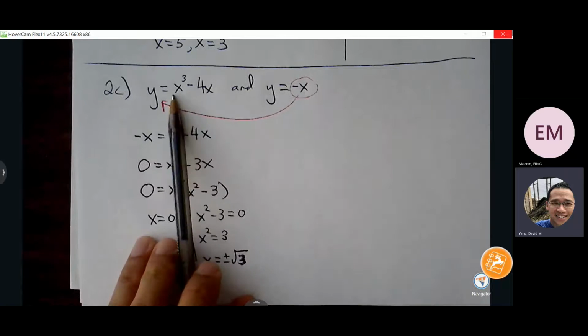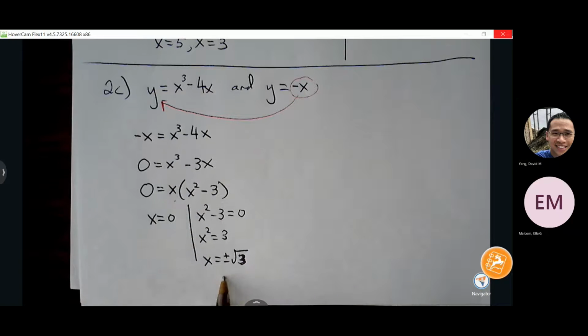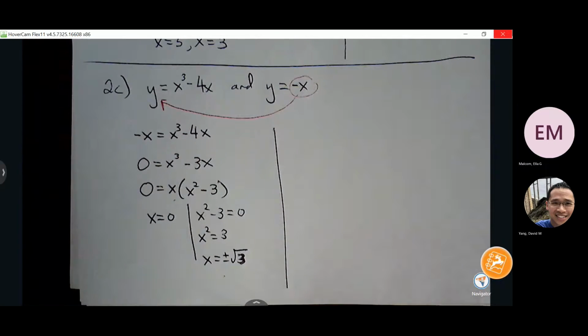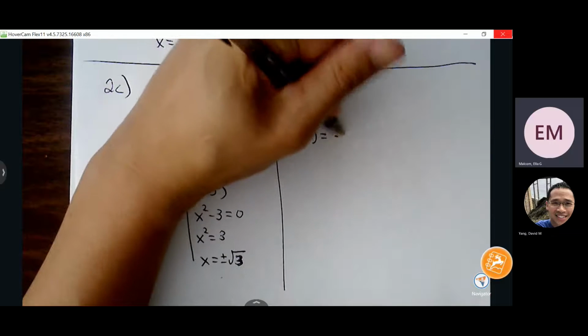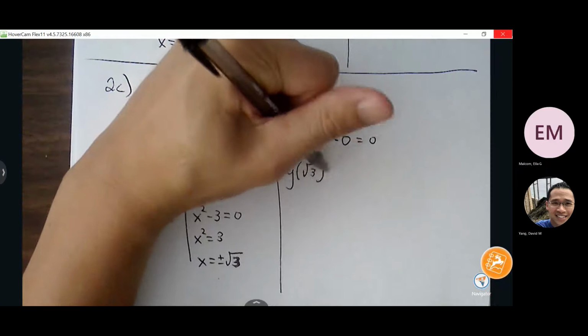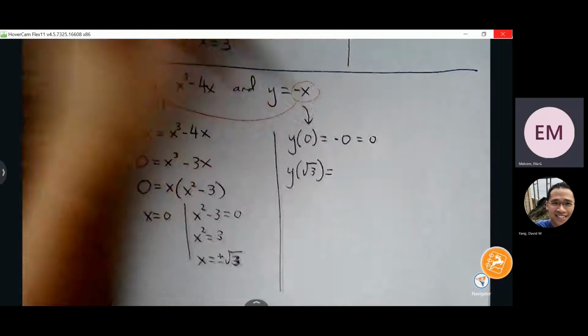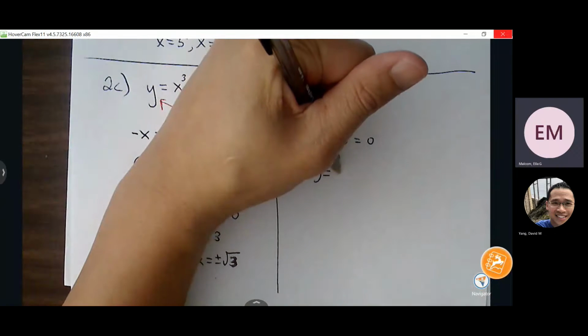So we see x cubed, and so when we're solving for x cubed, it's almost like hinting that we can probably have 3 solutions. So now we have to plug that in. x equals 0 into y equals negative x gives y equals 0. And when x is positive root 3, y equals negative root 3, or when x is negative root 3, y equals positive root 3.